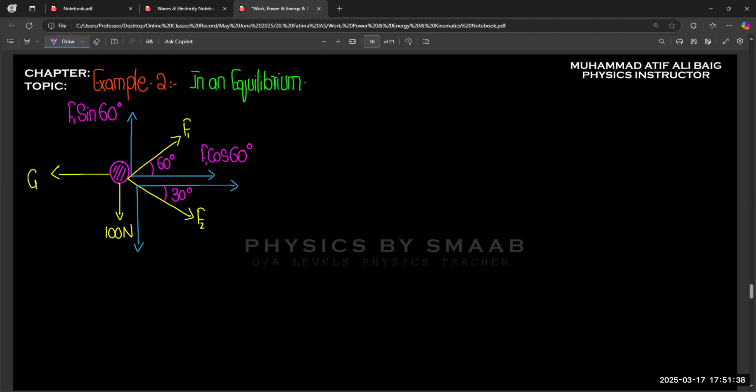So this one is equal to F2 cos 30 and F2 sin 30. Right.